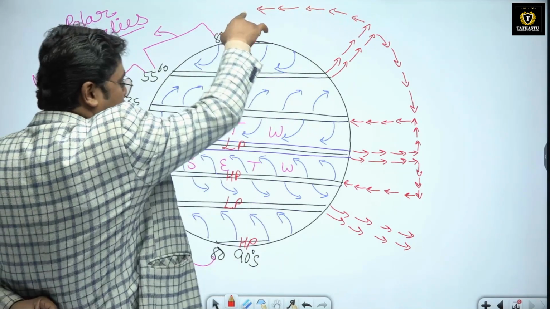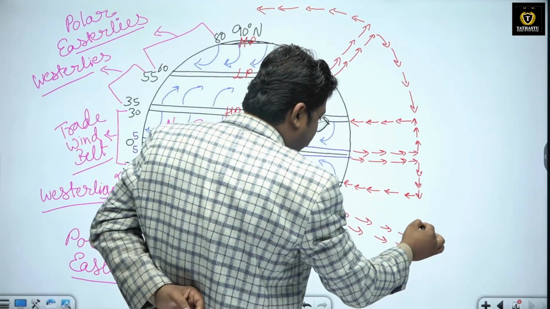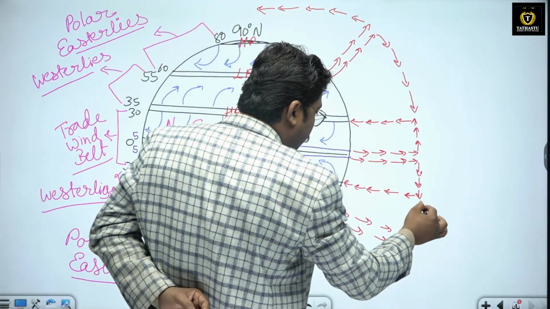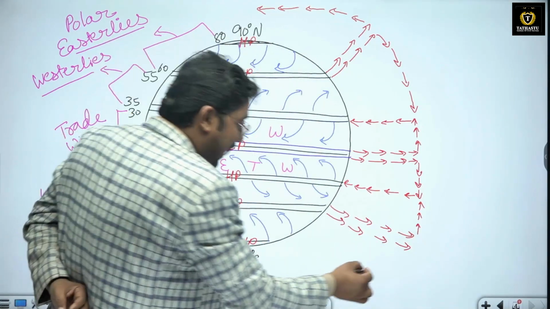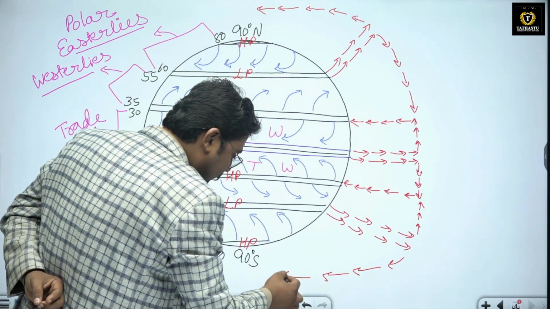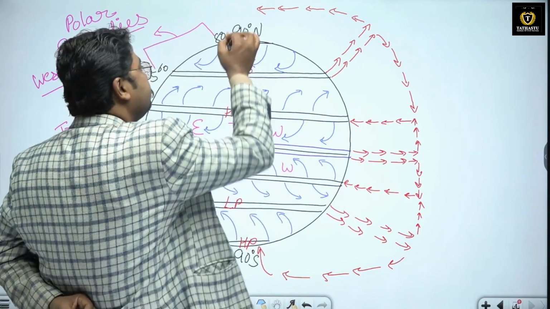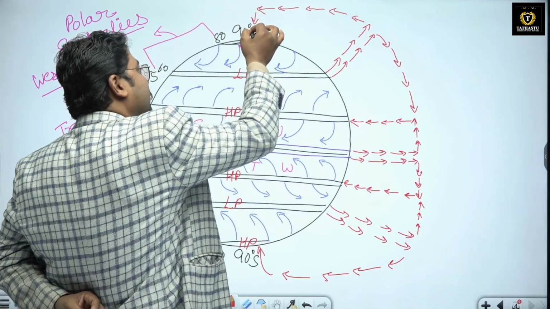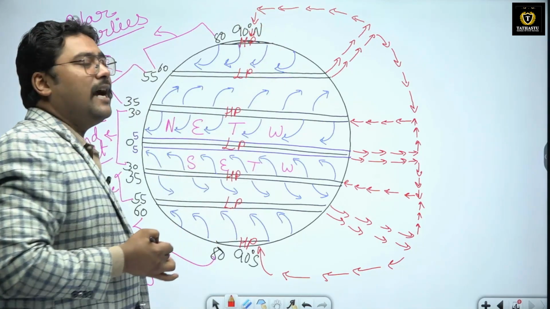When they reach the pole, they will become cold, and due to cold nature, they will sink, and when they sink, they will create high pressure.